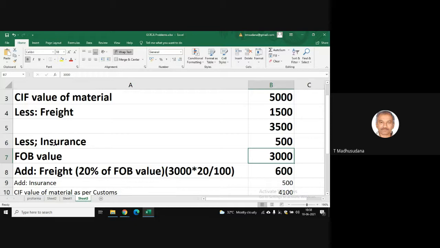So 5,000 minus 1,500 minus 500. That means total 2,000 of freight and insurance expenses have been deducted from the CAF value of the material. So therefore we got the FOB value as $3,000.